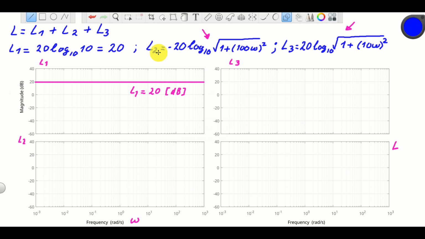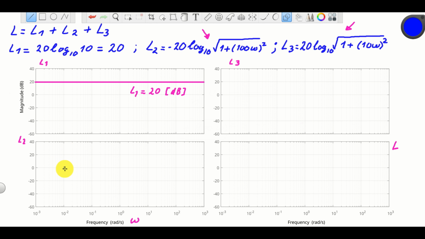Next, I need to sketch the graph of L2. For that purpose, I will be using asymptotes. To find the break point of my asymptotes, I need to use the break frequency. Here, the break frequency is obviously at omega equal to 1 over 100, and that's the point here. Now, here's my break frequency on this graph.